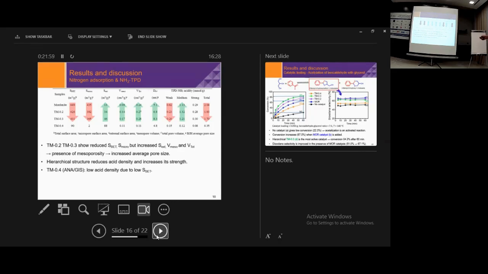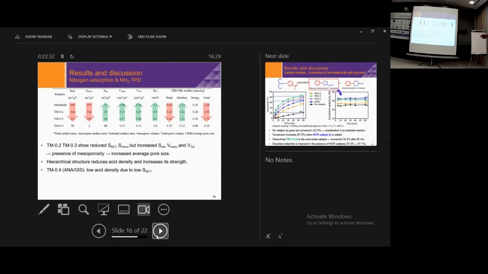However, the external surface area increases from 13 to 34 and 46, the mesopore volume also increases from 0.09 to 0.14 and 0.17, and the average pore size increases from 5.1 to 6.8 and 8.3. So this is a good sign, indicating that we have mesopores inside these two samples.